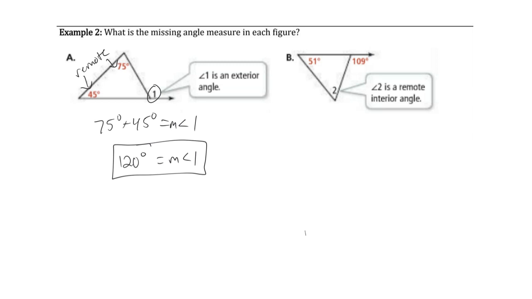This one we have remote angles here. This is our exterior. So add our remote angles, 51 degrees plus the measure of angle 2 equals 109. And so the measure of angle 2 equals 58 degrees.